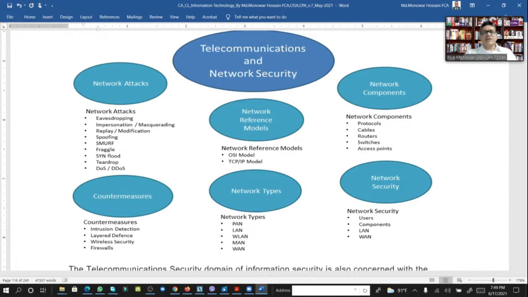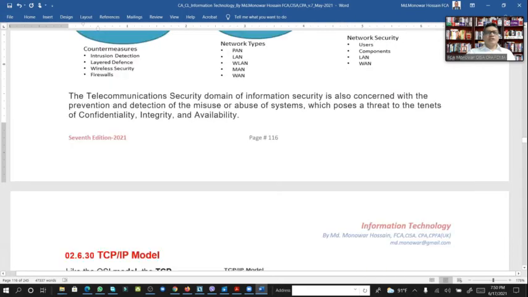Network refers to the model, OSI, TCP/IP model, and network types like LAN, WAN, MAN, and network security, LAN security, and network components such as protocols, cables, routers, switches, access, etc.